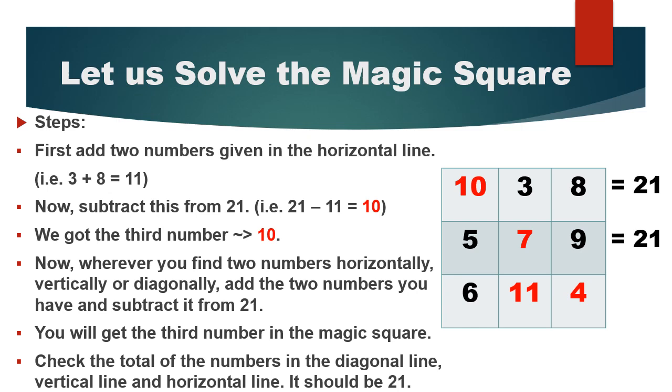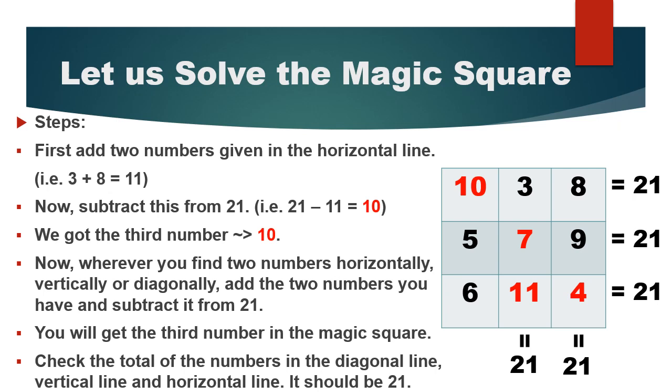Now let us check the vertical lines. So first vertical line, 8 plus 9 plus 4 will give you 21. Second vertical line, 3 plus 7 plus 11 will give you 21. And the third vertical line, that is 10 plus 5 plus 6 will give you 21.